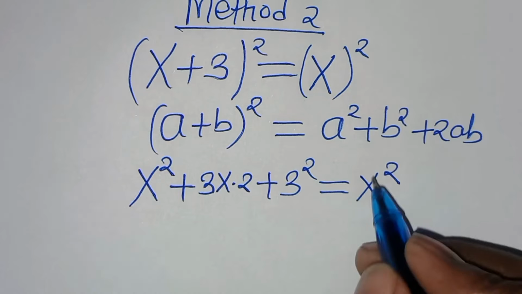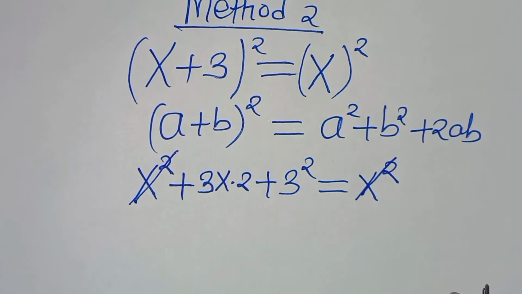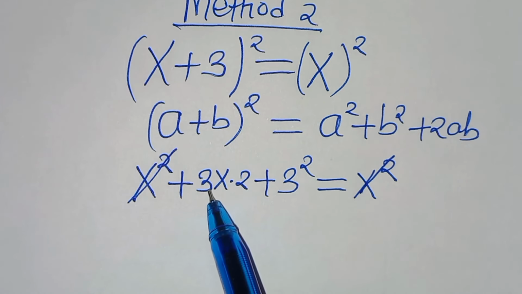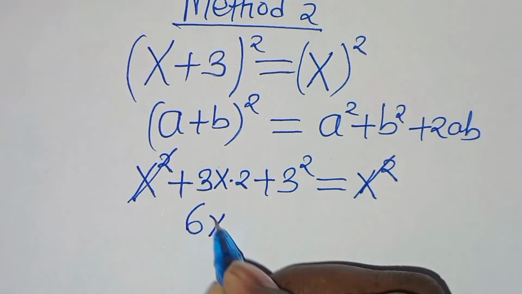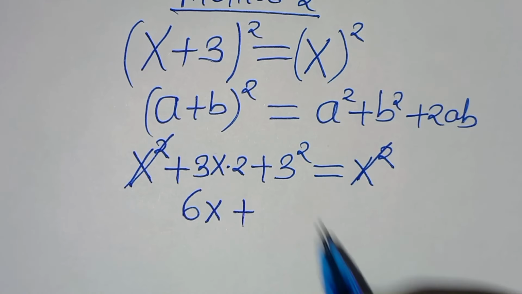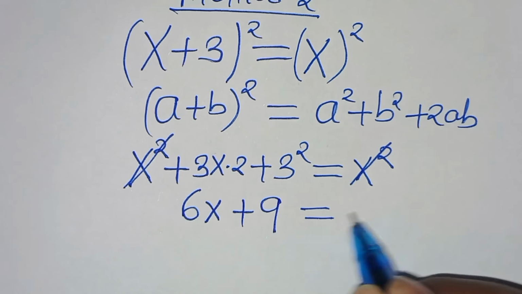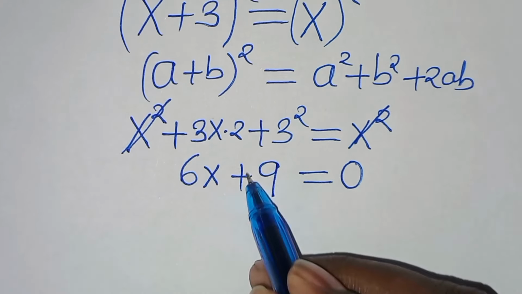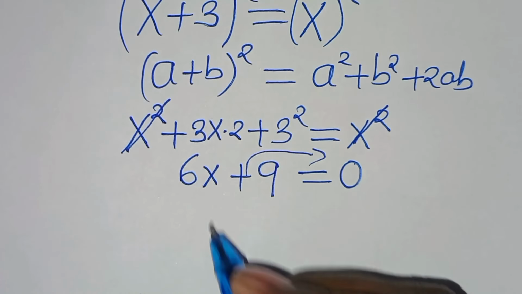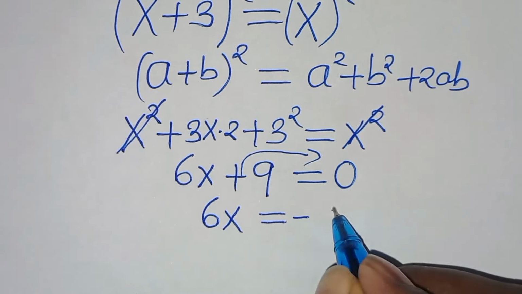The next step is that x squared and x squared simplify, so that now we have 3x times 2, this is 6x, then plus 3 squared, this is 9, equal to 0. So let's take plus 9 to the right-hand side, so that we have 6x equal to minus 9.